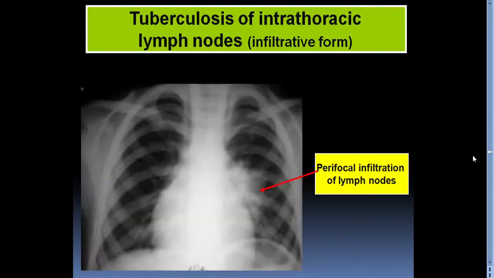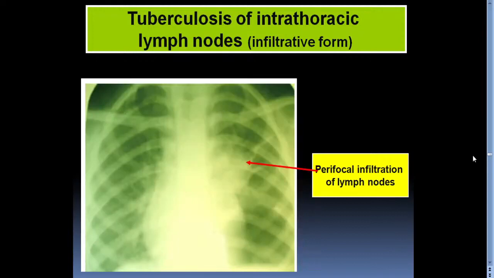On this X-ray, you can see perifocal infiltration of lymph nodes also in the left lung root. Increasing of lung root without clear contour. Here you can see perifocal infiltration of lymph nodes also.